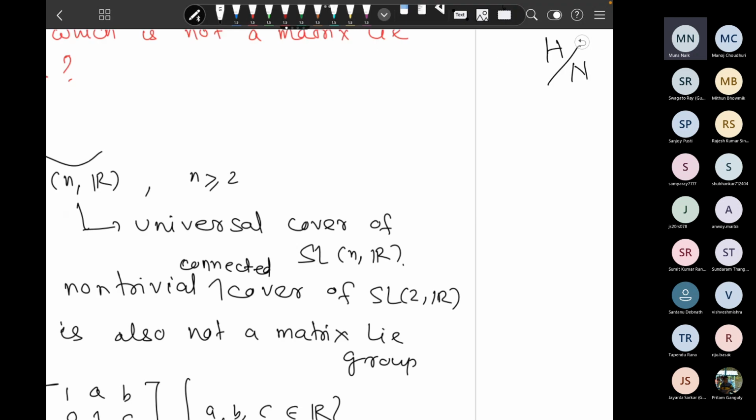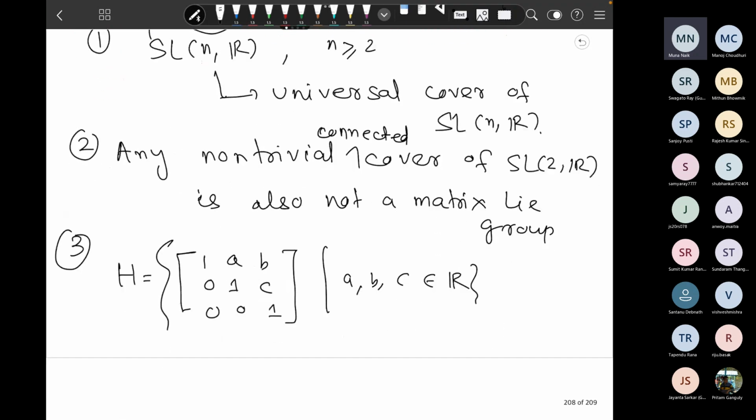Is there any quick argument or rigorous calculation for why H by N is not a matrix group? Actually, it is not difficult to see, and I could have done it, but I do not remember at this moment.